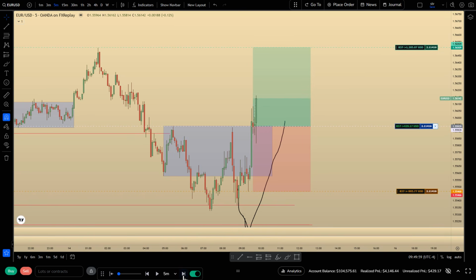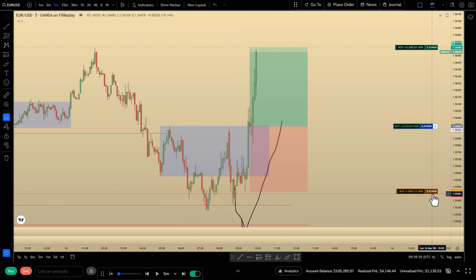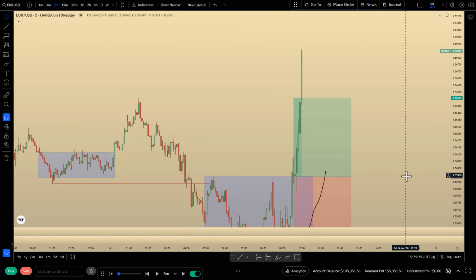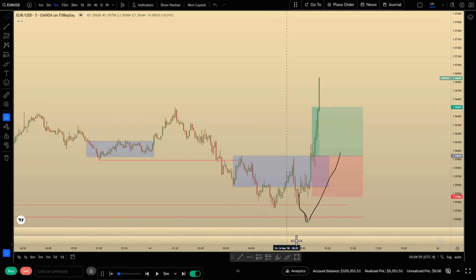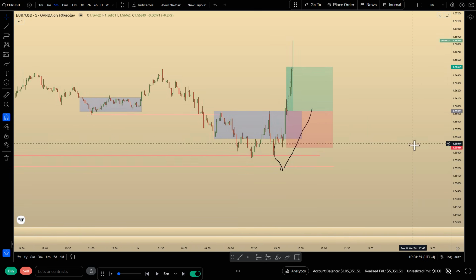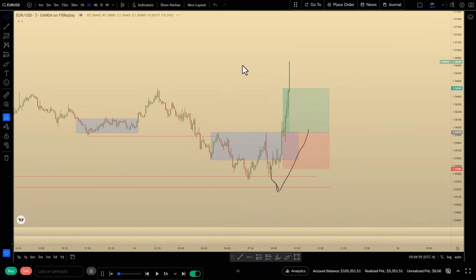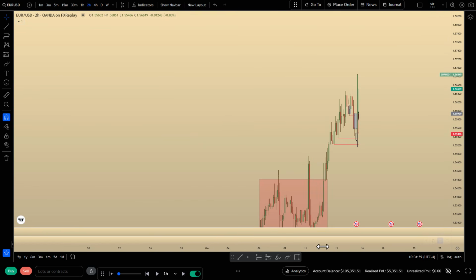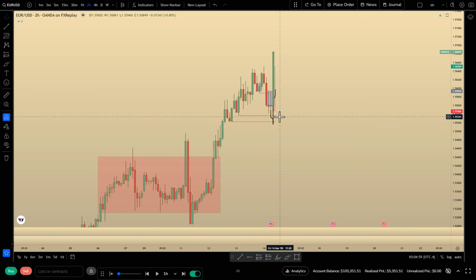Okay, beautiful. All right, break even. Nice. We left some money on the table, but still a nice trade with all the confluences. Nice continuation. SMT.